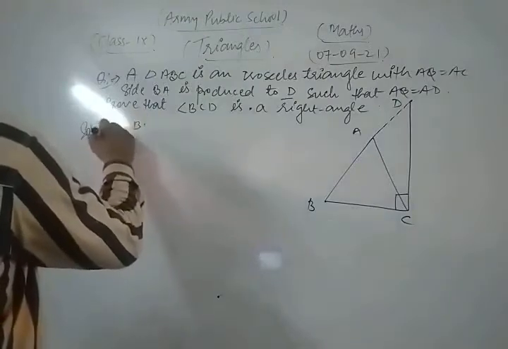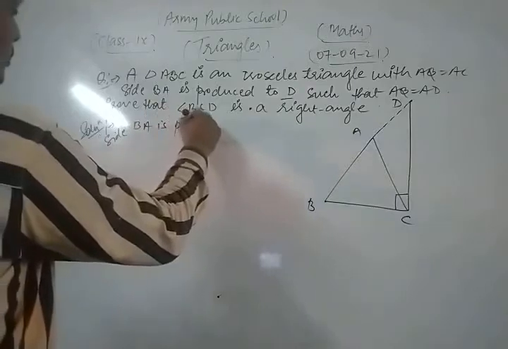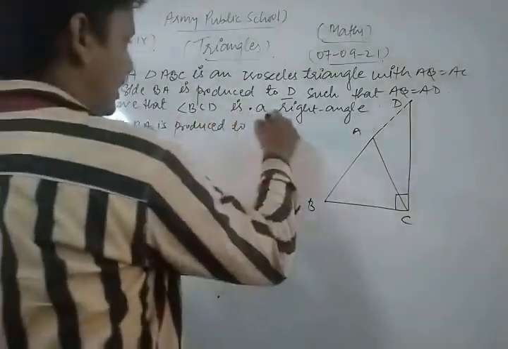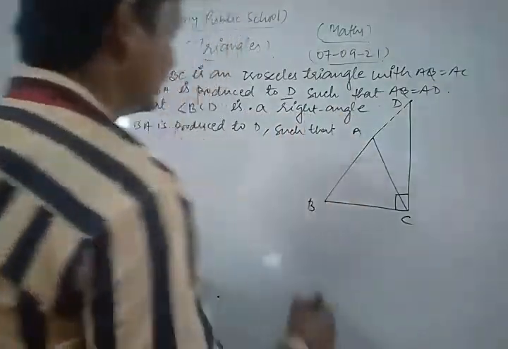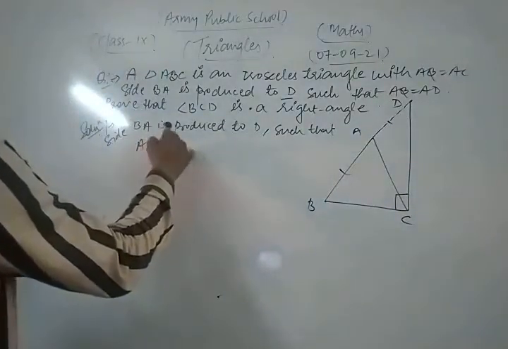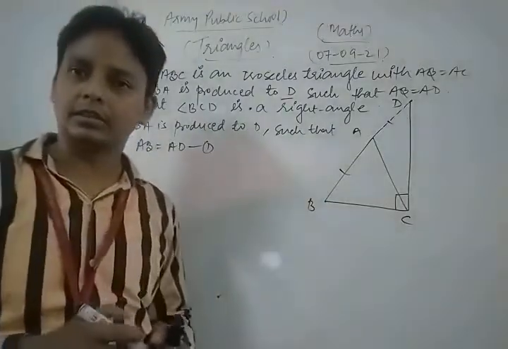Now here, side BA is produced to D such that, dear students, AB is equal to AD. Take this as equation number 1. It is given in our question.